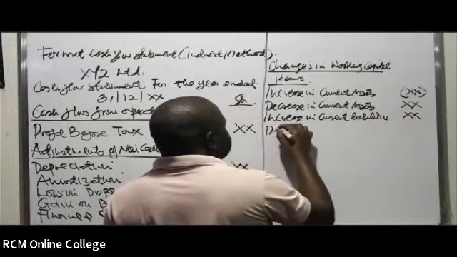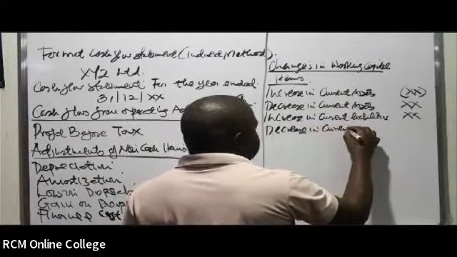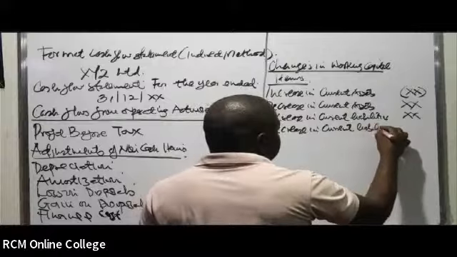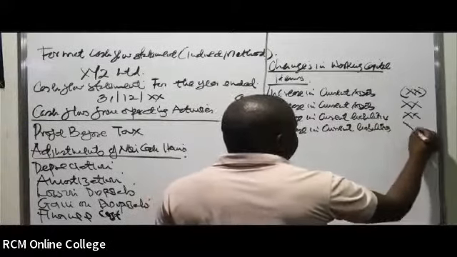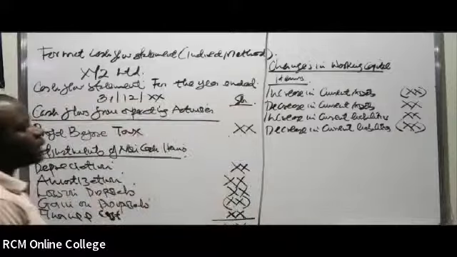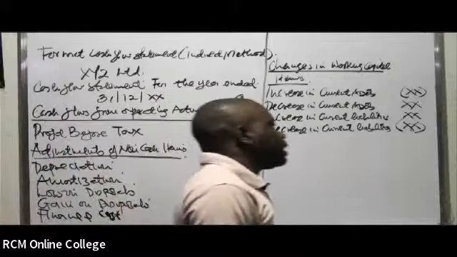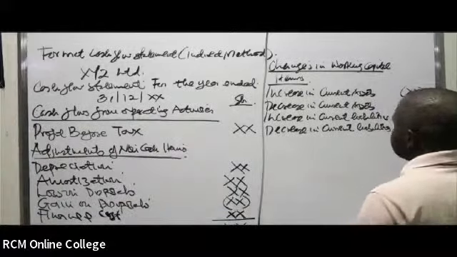Then a decrease in current liabilities, you deduct. A decrease in the current liabilities, you likely end up having to deduct. Probably in this case it means you have incurred an outflow. So that's what will happen.